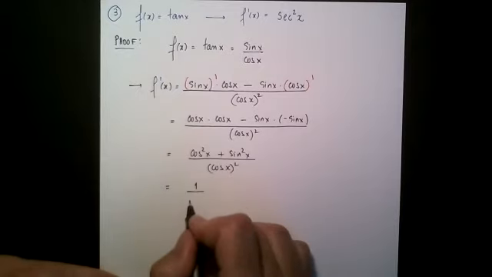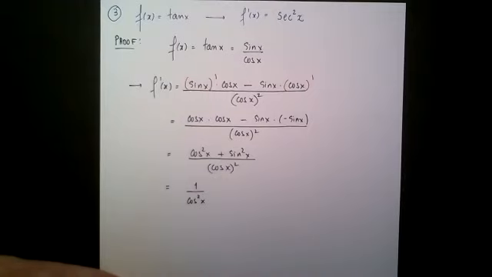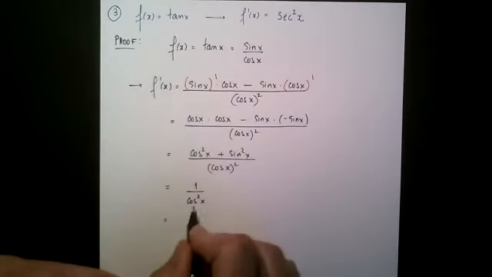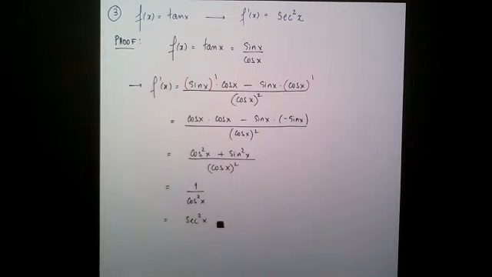So this is 1 over cos squared x. And 1 over cos is secant. So 1 over cos squared will be secant squared x. There you go. I just showed it. Okay, you get it?